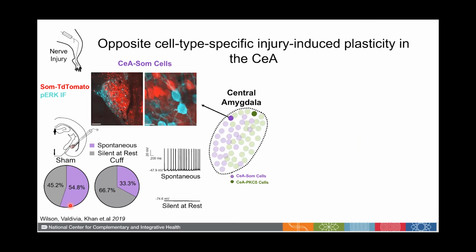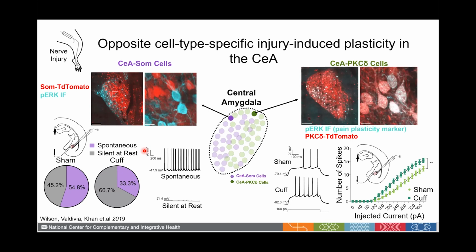But when we look at the neurons in the context of injury, we see that most of the neurons are silent at rest. So these results demonstrate that the activity of the somatostatin expressing neurons is decreased in the context of injury, which is the complete opposite to what we see in the PKC delta neurons, where we see increases in excitability in the context of pain.